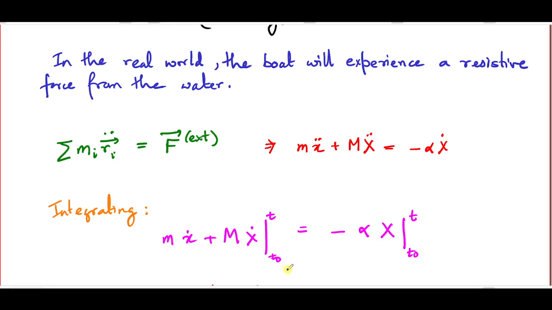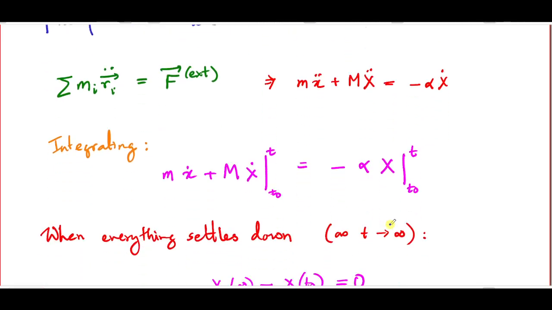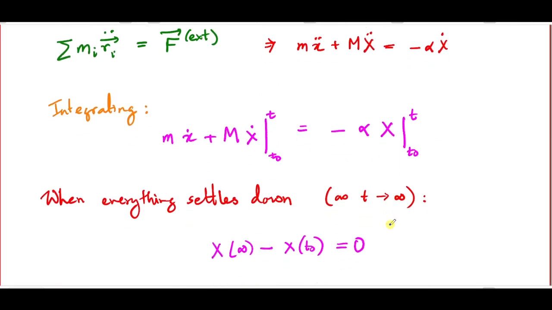Finally, also the same thing happens. So at this condition, when everything settles down, the left-hand side is 0. But that means that the right-hand side has to be 0 as well. And therefore, we will end up with the result that capital X at the final time, which may take infinitely long, so that's capital X at infinity, minus capital X at t0 must be 0.